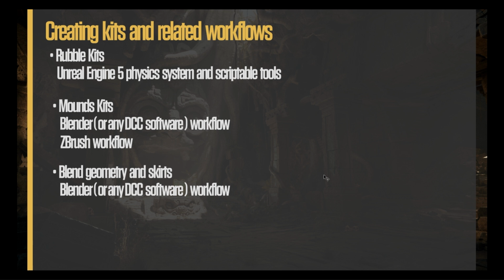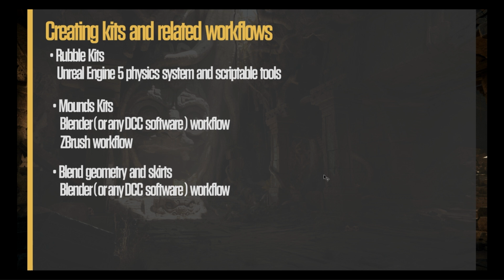And there's a good reason why I choose to create my Rubble kits in Unreal, and that's because there's a real-time physics system and you can interact with the mesh and move things around and place things as you want them to be, rather than depending on the simulation to do everything for you and just taking whatever result you get.